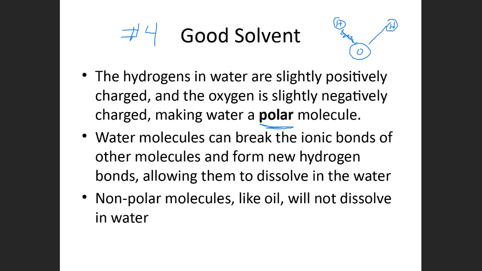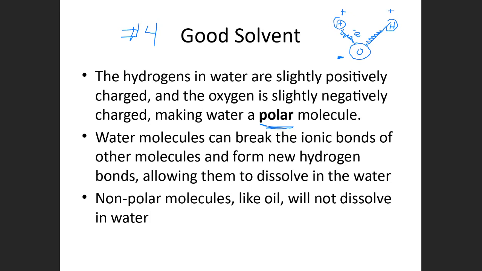But remember that hydrogens, because they're so tiny, aren't holding on to that electron quite as strongly as the oxygen is. So our hydrogen becomes slightly positive because the electron is really a little bit closer to the oxygen, right? And the oxygen is slightly negative. That's what it means by polar. This one molecule has a positive end and it has a negative end.